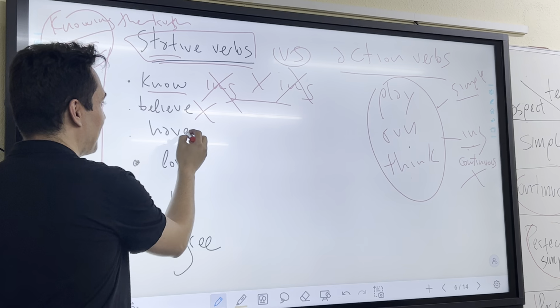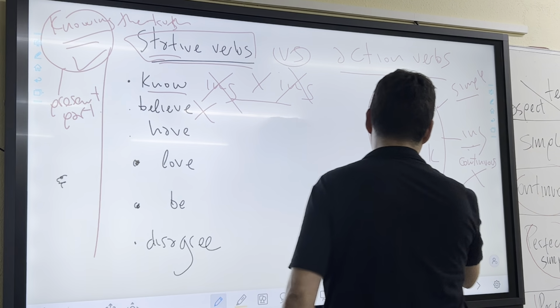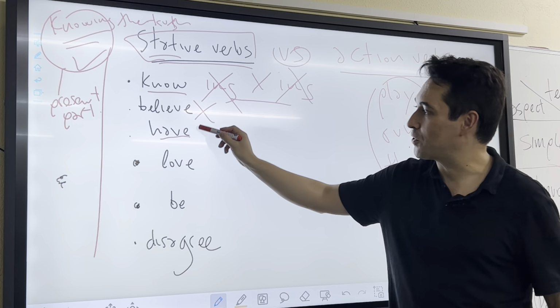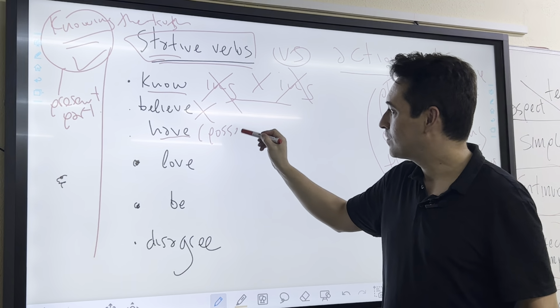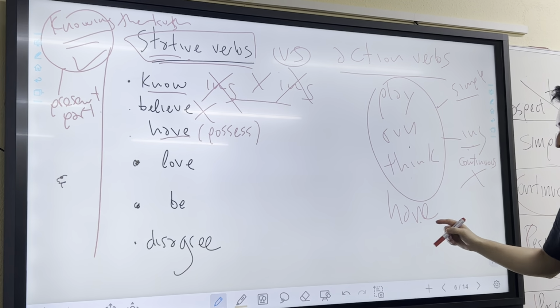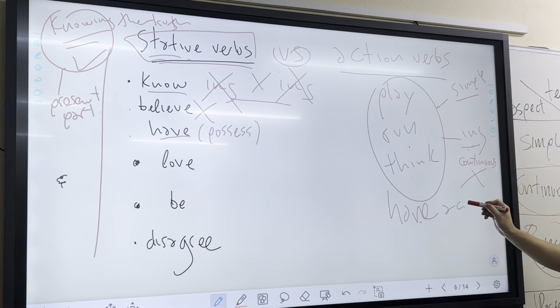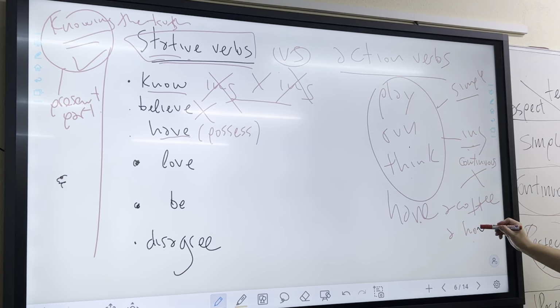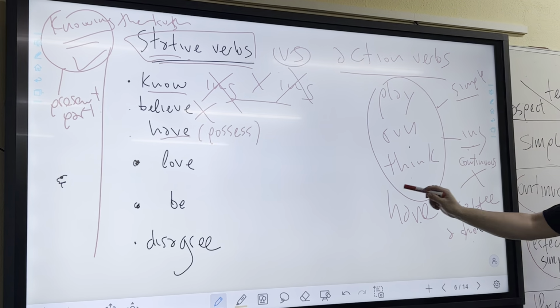Okay, have has two parts. You know, have is special. Have, when it means to possess something, it's stative. But have, for example, have a coffee, have a shower, this is an action.